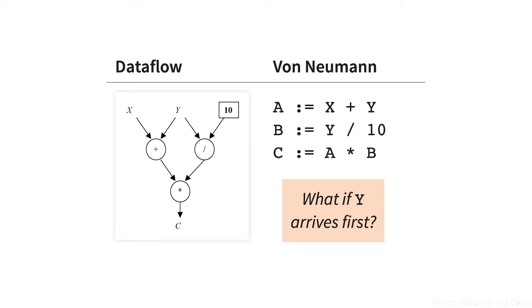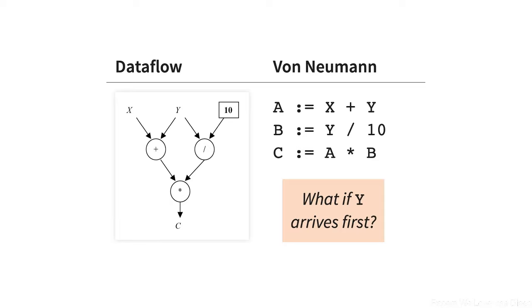However, the Dataflow program on the left can distribute y to the input ports of both the sum and the divide nodes. And the divide node has already received the input token for 10, since that was prepared to begin with. And now that the divide node has received input tokens at both of its input ports, it has become fireable and it can proceed with its step.